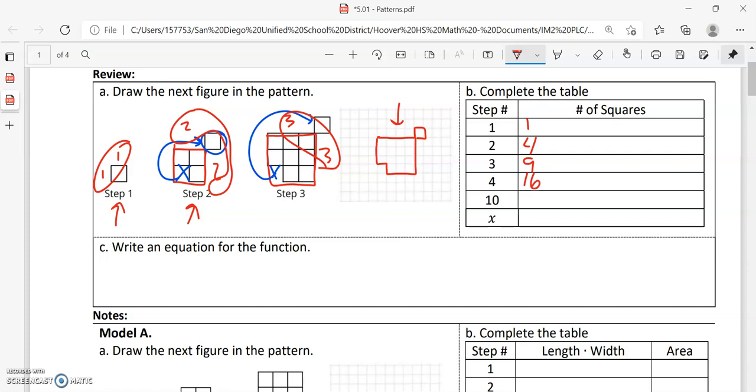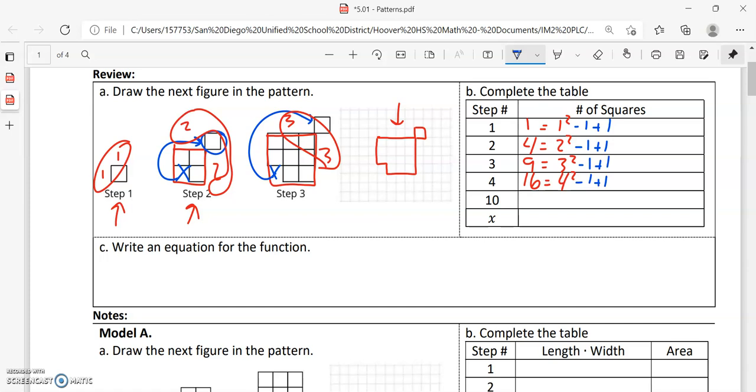So what's happening here? We can see that the steps are 1 squared, 2 squared, 3 squared, 4 squared. And by the images, we are technically subtracting 1 and adding 1. It's kind of hard to see in the first one.